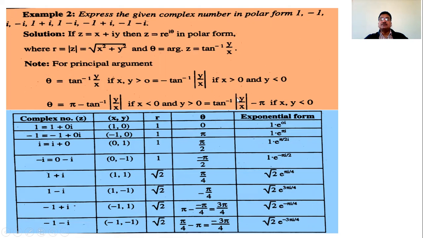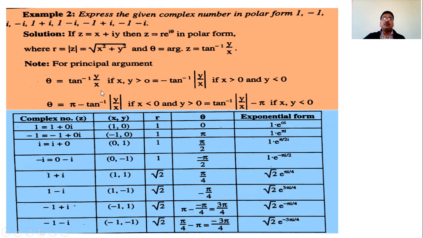Minus 1 by minus 1 is plus 1, and its modulus is plus 1, and tan inverse 1 is pi by 4. Minus pi plus pi by 4: 4 is the LCM, so the answer is minus 3 pi by 4. And then its exponential form is root 2 e raised to minus 3 pi i by 4. So this number lies in the third quadrant.